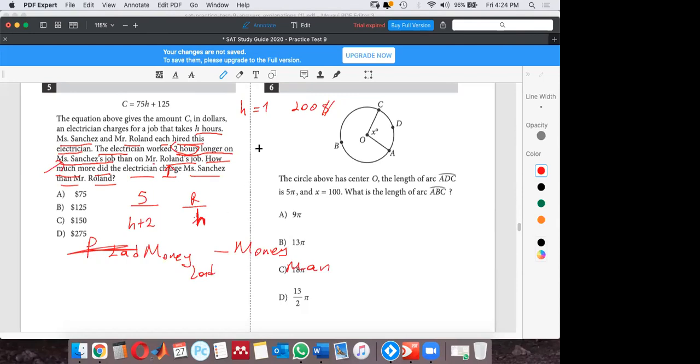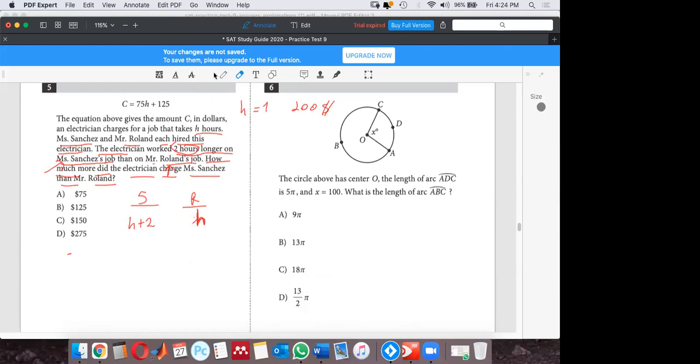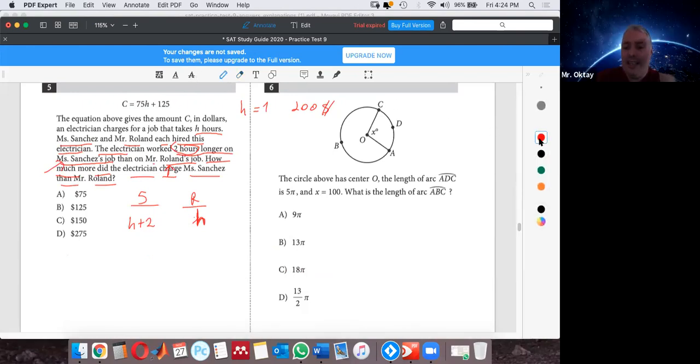The problem is actually so simple. When I look at the question, this 125 is a fixed amount.